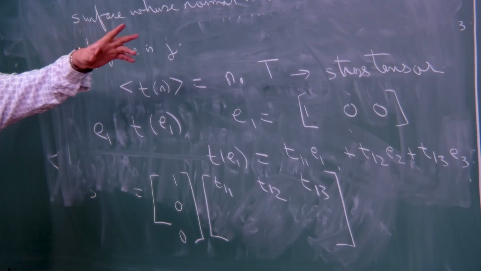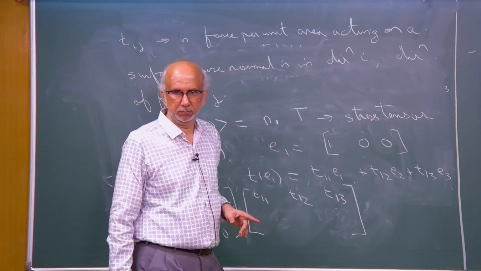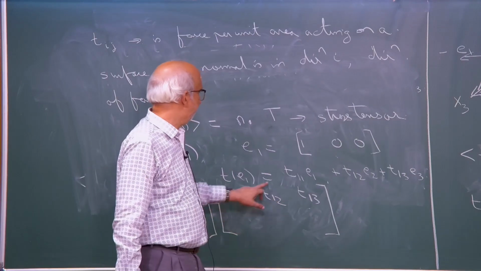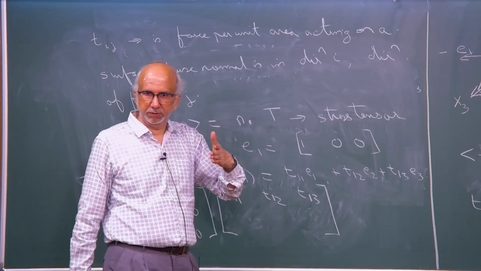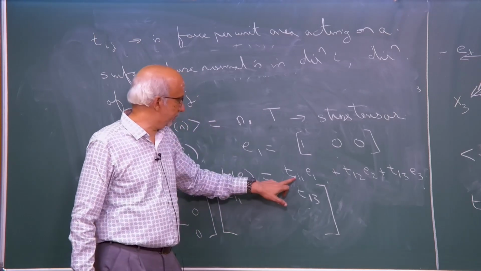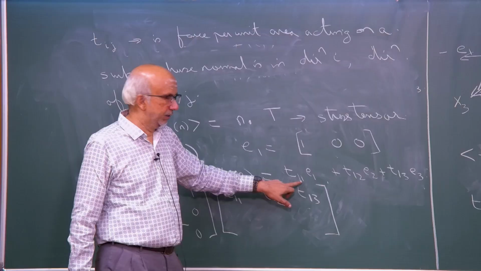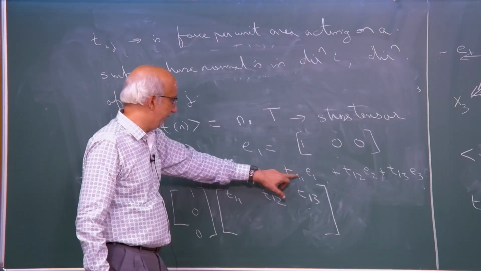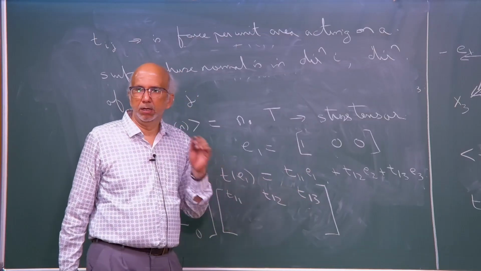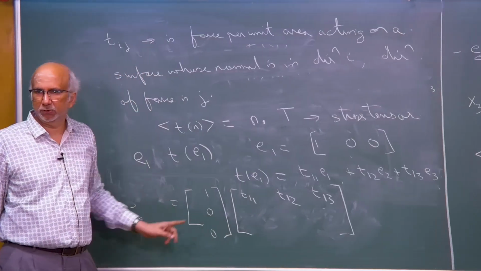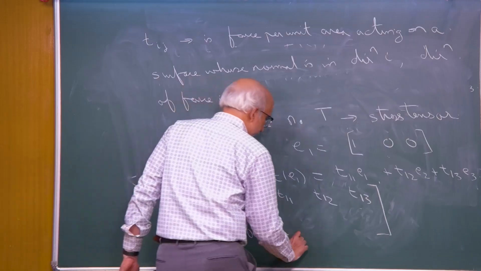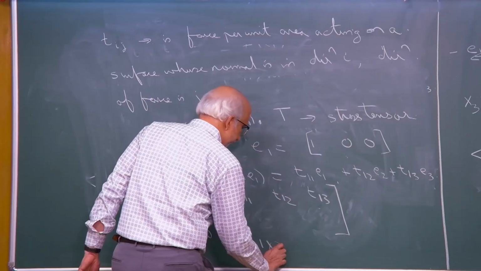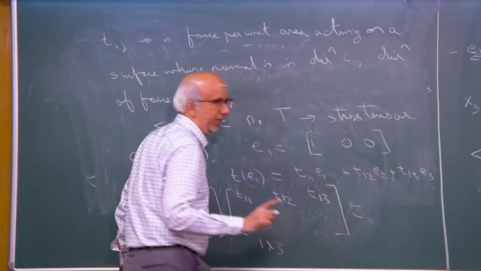E1 is the unit vector 1 0 0, and then T of E1 will be, because acting on the first surface, the first subscript tells me T1, second subscript tells me the direction. I am writing this also as a row vector. So, clearly this is 3 by 1 and this is 1 by 3. When I multiply it, I should get a 3 by 3 matrix.